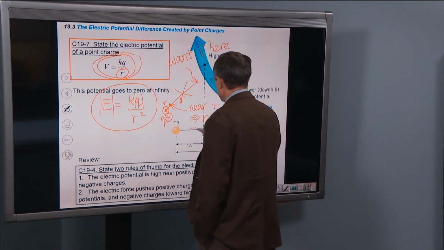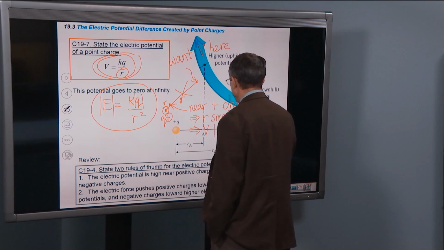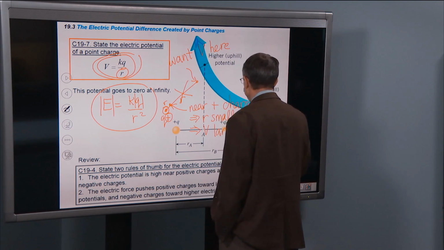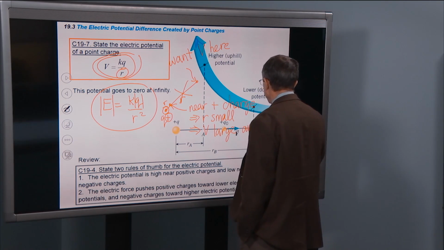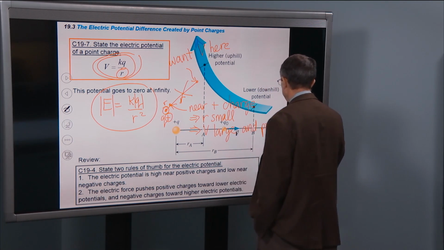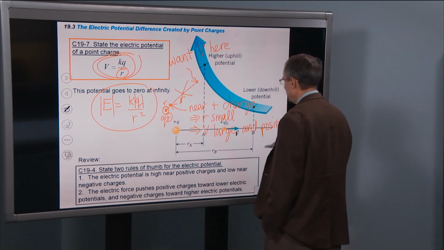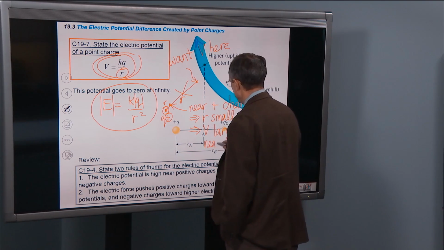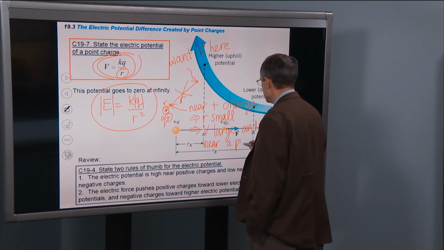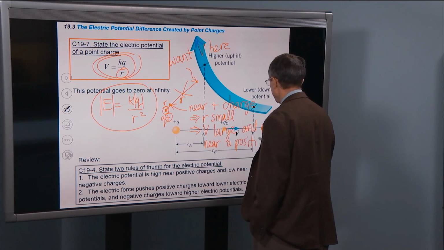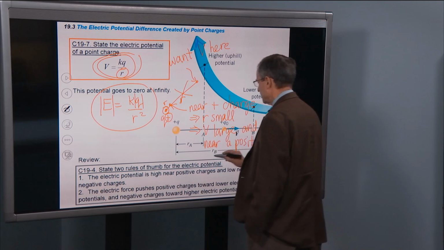And so that implies that V is large and positive near a positive charge.